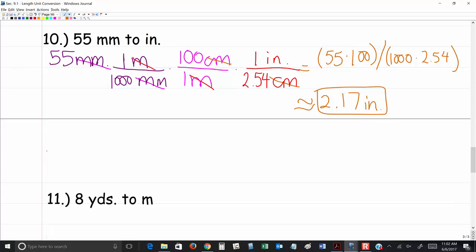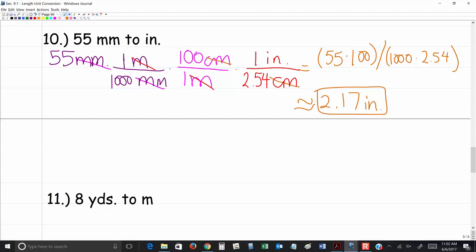Let's see. Tell me again what you did? You went from millimeters to meters, and then meters to yards to inches. Okay. Let me just try that.